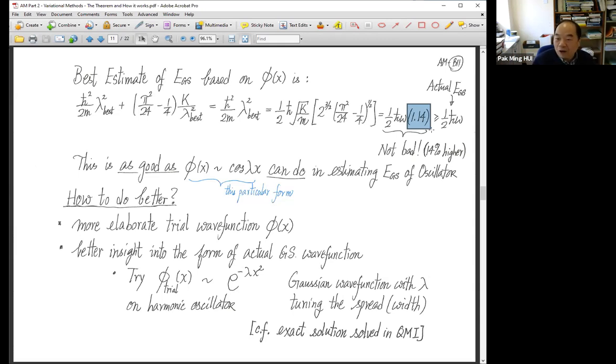Okay? Of course, for this particular functional form, this is the best we can do. If we make cleverer choices, better child wave function form, we could make this even closer. Okay? In your problem set 1.4, you are doing this.